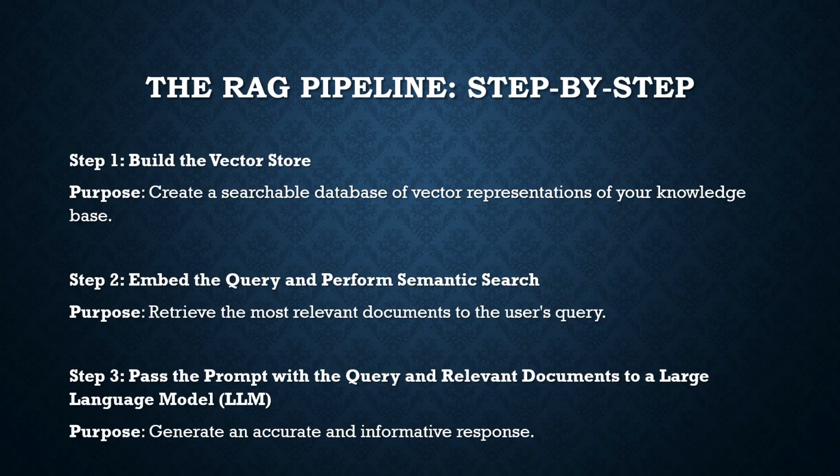Okay, this is the RAG pipeline step by step, where we will build the vector store. You can see here, we have seen this step before this slide. The main purpose of building a vector store is creating a searchable database of vector representations of your knowledge base.